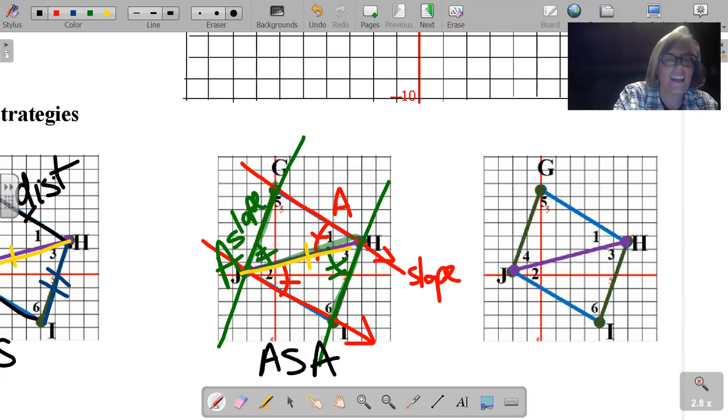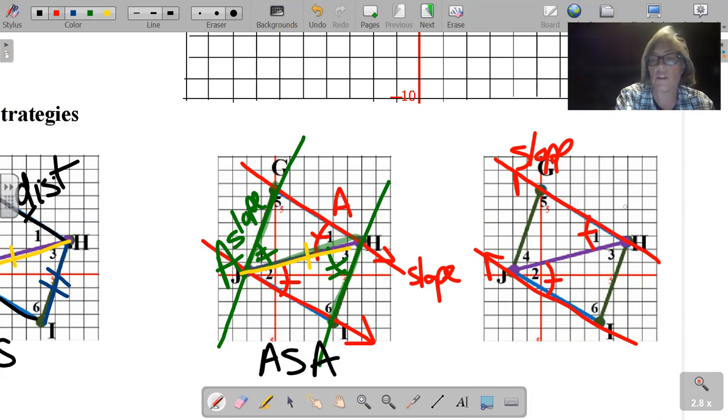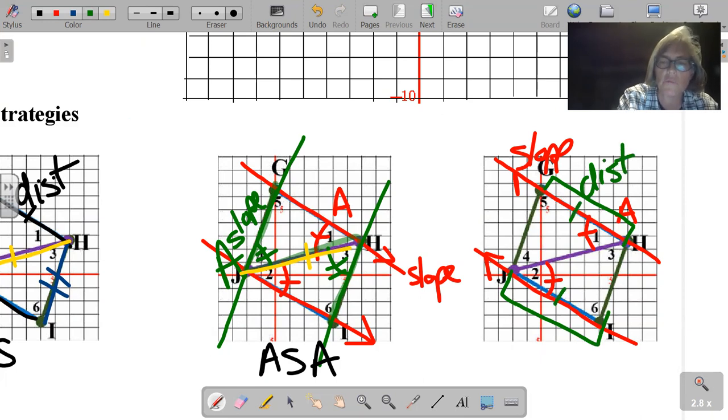Or I could do slope again, right here, to get parallel lines. And parallel lines using slope would get you angles 1 and 2 congruent. That would get you a pair of angles. Then I can also, for the same segments GH, JI, do distance. Distance would give me congruent sides.